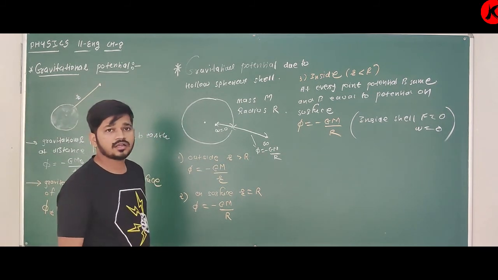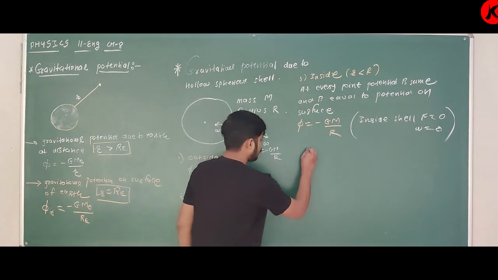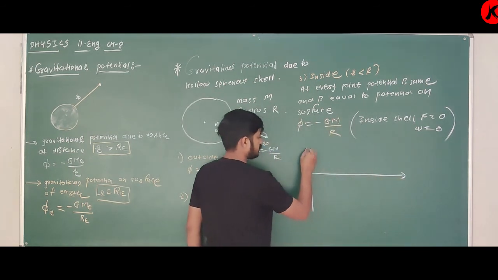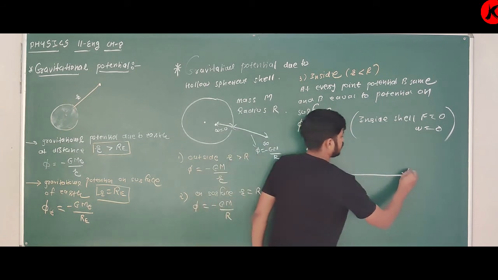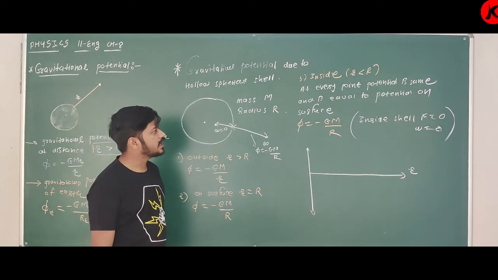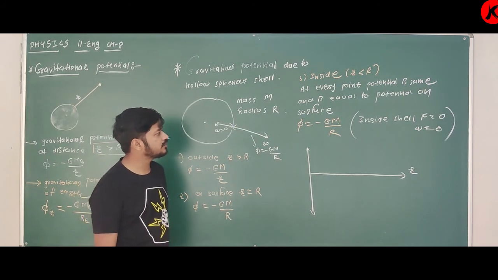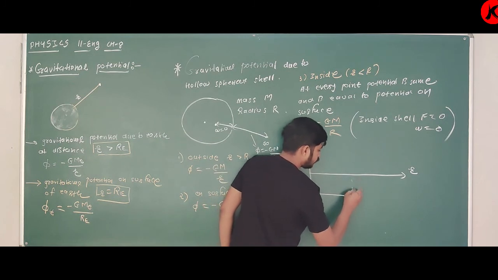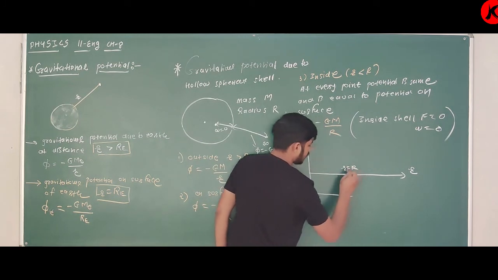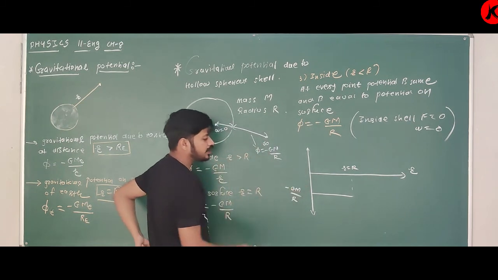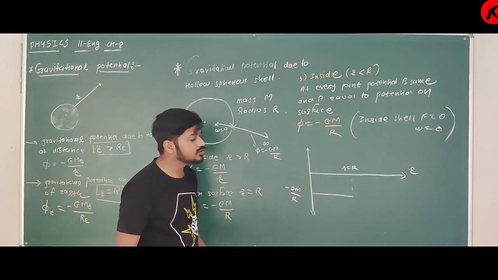Graph of gravitational potential versus distance r. See, inside means where r is less than R. At each and every point gravitational potential is the same and equal to the surface value. So it is constant up to r is equal to R, that is minus GM upon R. Why do I have to denote this below the axis?